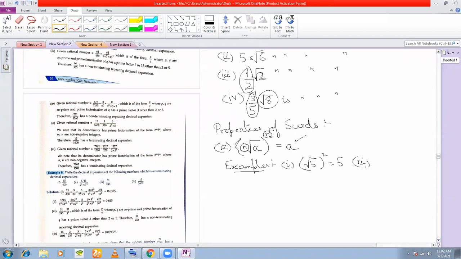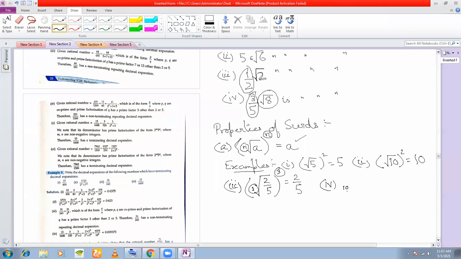The second example is square root of 10 squared is 10. The third example can be cube root of 2/5 whole cubed is equal to 2/5. Why? Because the order of the radical here is 3 and the power here is also 3. They are the same. Okay.